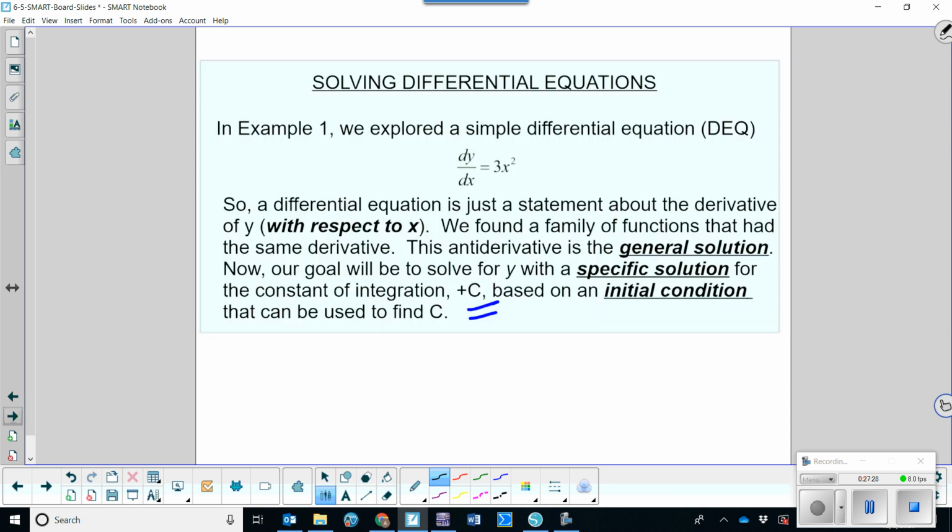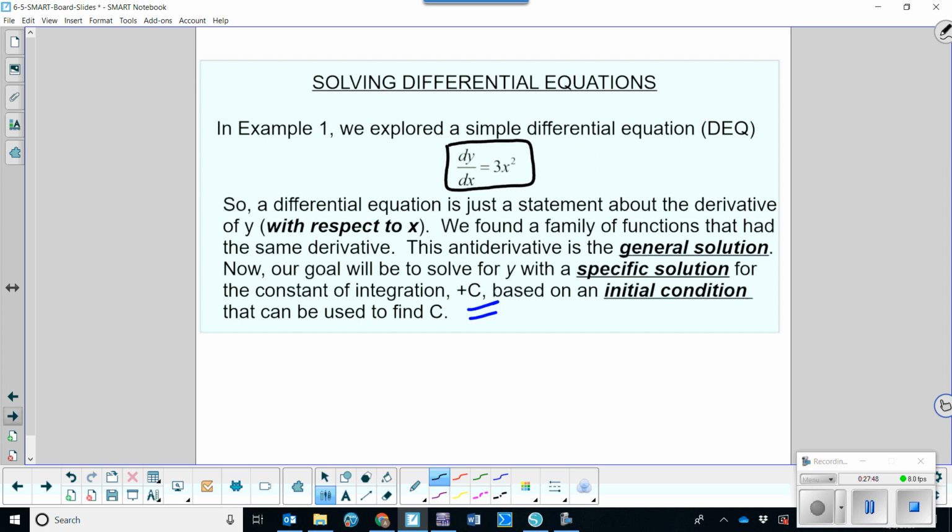And then we're going to talk about basically what it means to solve a differential equation. I'm just going to do one example, and then we'll finish the rest of this in class. So a simple differential equation is like dy dx equals 3x squared.